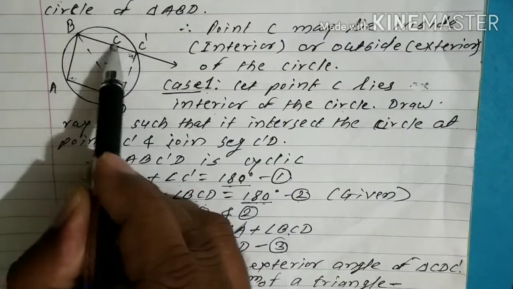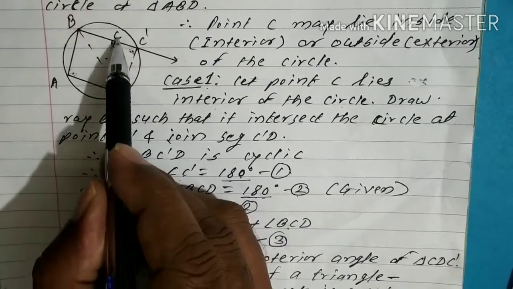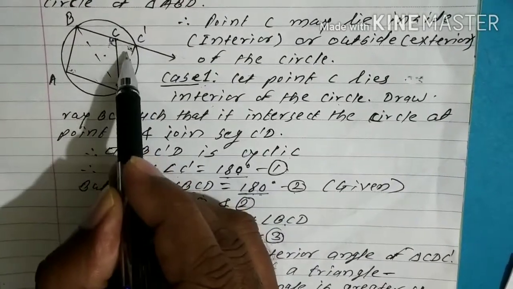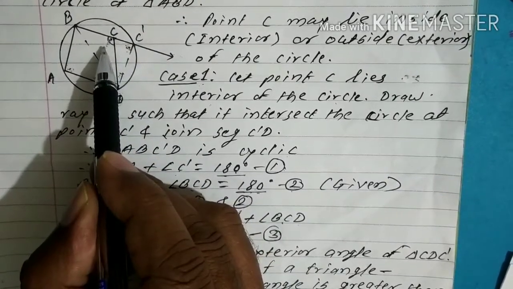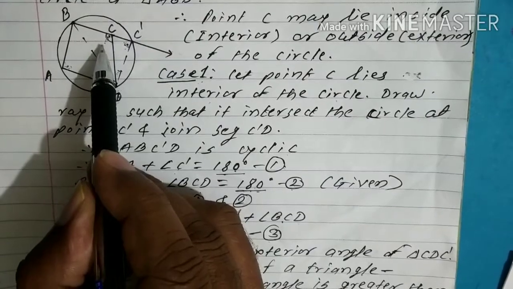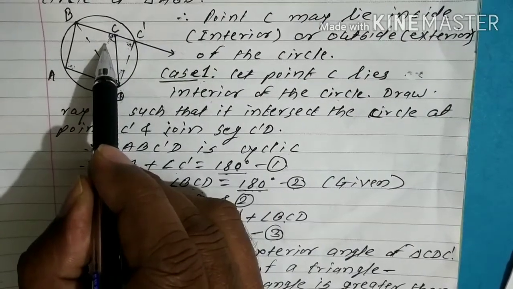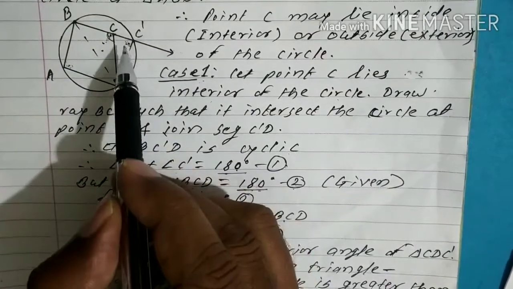Now, in the figure, angle BCD is an exterior angle of triangle CDC dash. And you know the exterior angle theorem: the exterior angle is greater than the remote interior angles of a triangle.